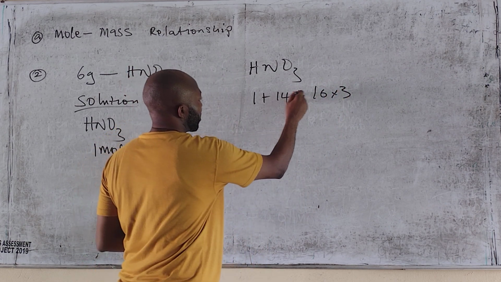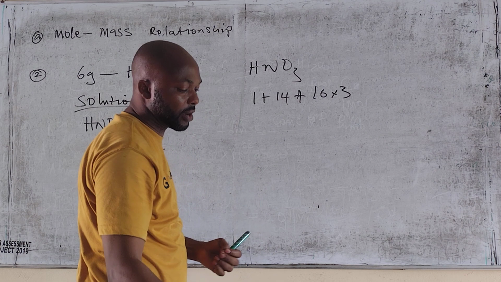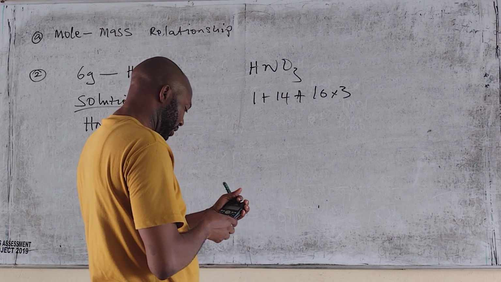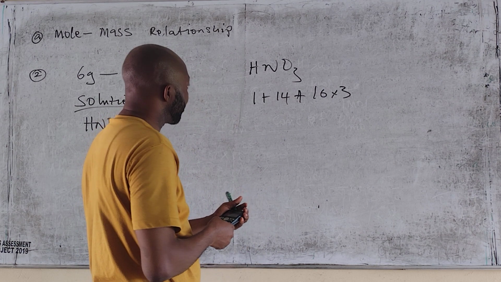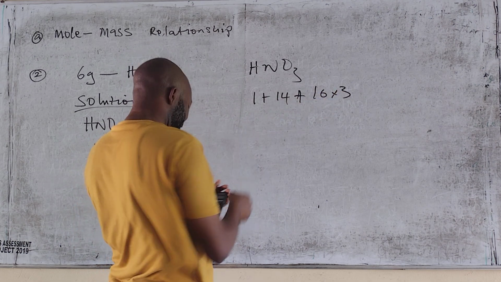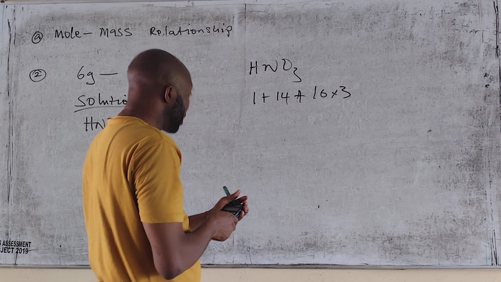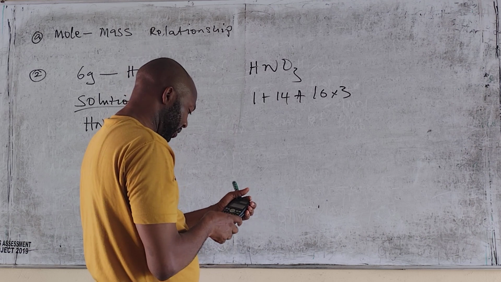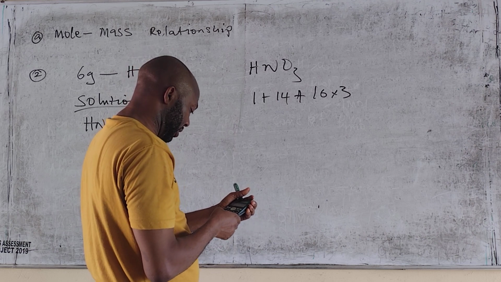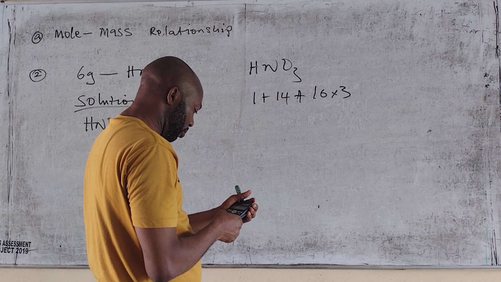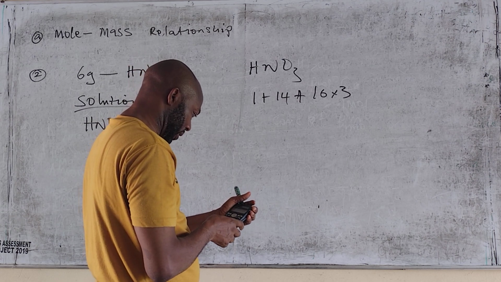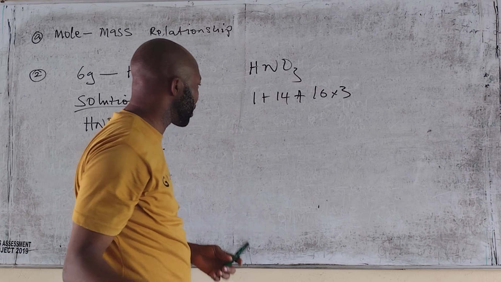So let's check the relative molecular mass. Hydrogen is 1 plus nitrogen is 14 plus oxygen is 16 times 3. 16 times 3 is 48, plus 15, that gives me 63 grams.